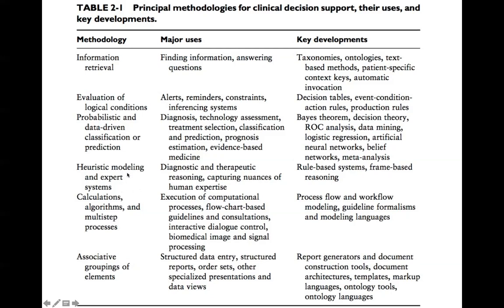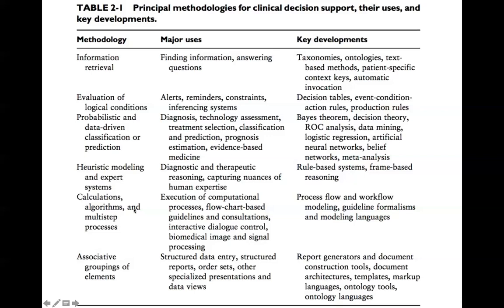Then there are heuristic modeling and expert systems. Basically, they make diagnostic and therapeutic reasoning and capture the nuance of human expertise. They will use this to create a rule-based system or a frame-based reasoning system, which is called a knowledge system.